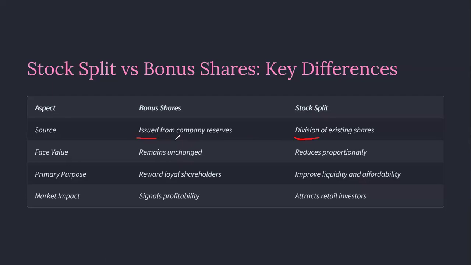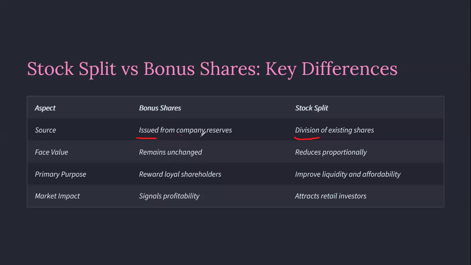Suppose a 10 rupee share, I divide into 5 rupees and 5 rupees, or it can be divided into 2.5, 2.5, 2.5, 2.5. Whereas in bonus share, I will issue for 2 shares, 1 new share, or for 5 shares, 1 new share. So in bonus share, I'm issuing new shares, whereas in stock split, I'm just splitting the face value.